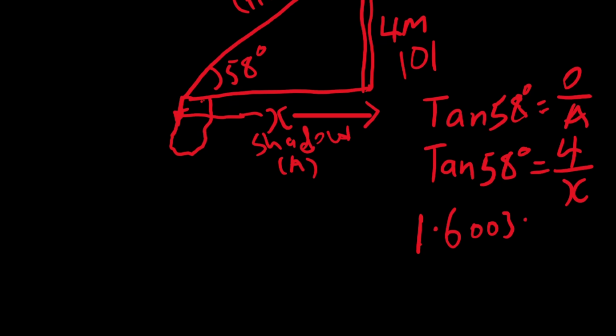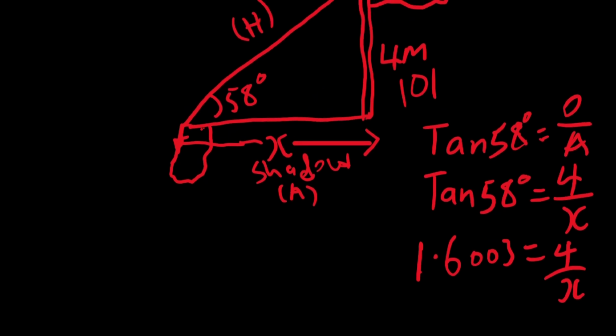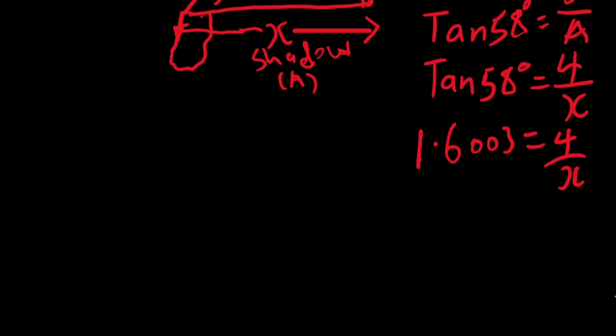So equate that to 4 over S. So what I do here, this S right here is going to come over and multiply this entire number, so I have 1.6003 times S equals 4.